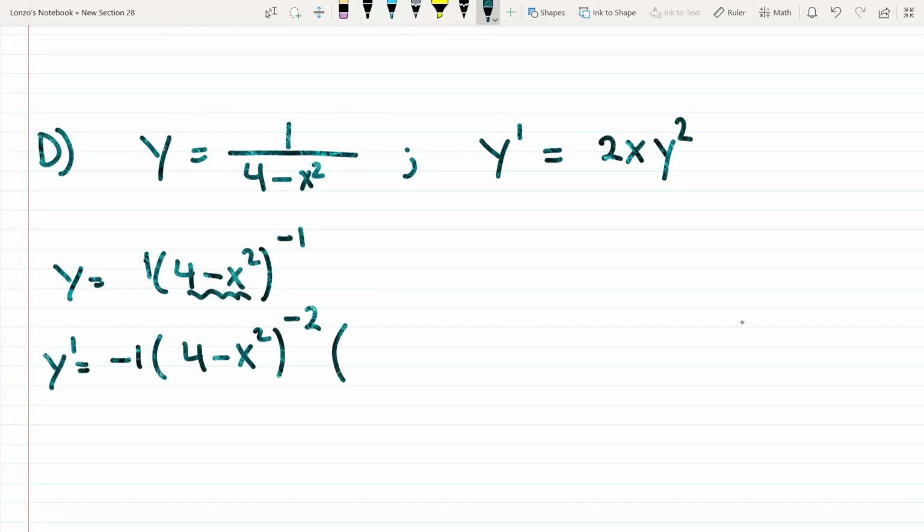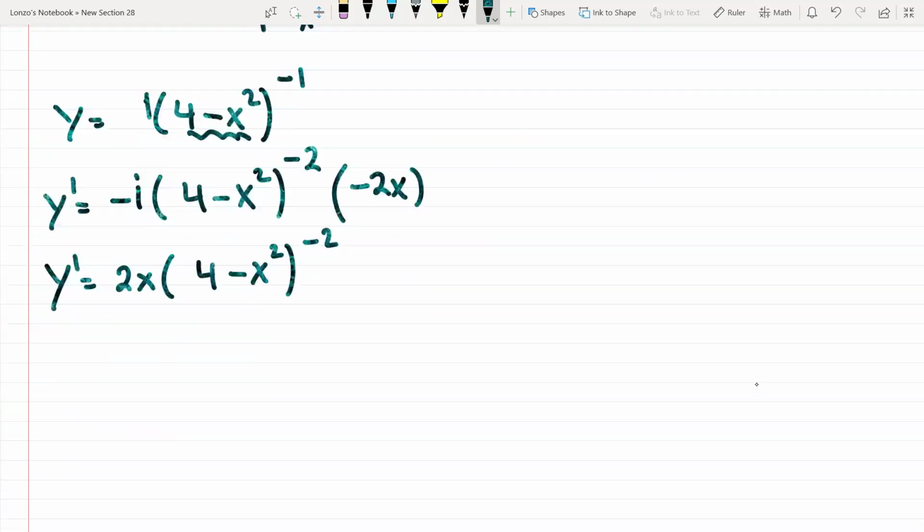The derivative of 4 is 0, and the derivative of negative x squared is -2x. -1 times -2x is positive 2x, times 4 minus x squared to the -2. Simplify this, so y prime equals 2x over 4 minus x squared, squared.